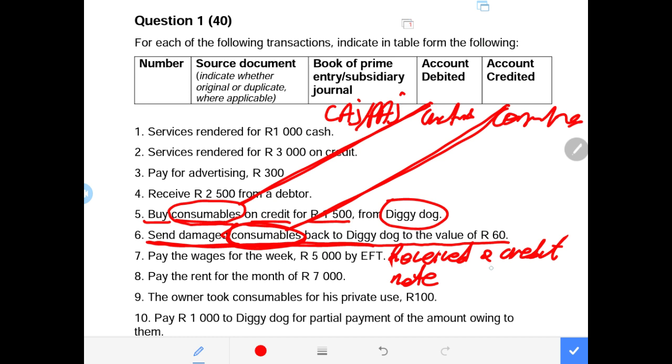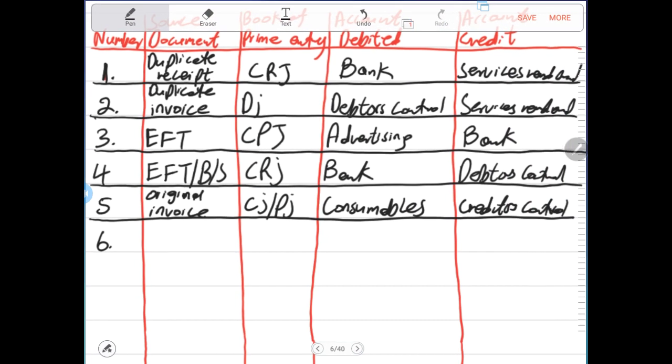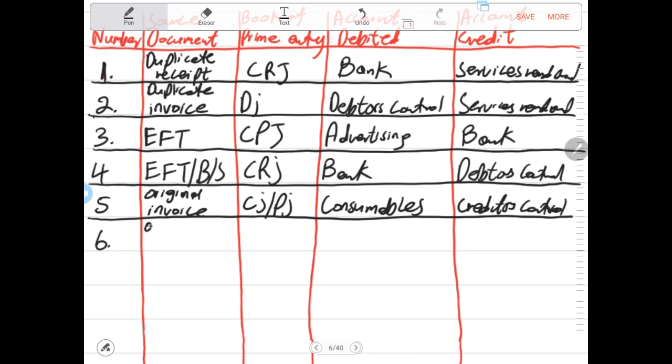Remember I said that they can say received a credit note. That credit note is a source document acknowledging that we have returned goods and the supplier accepted our return. So that will be the original credit note as our source document.